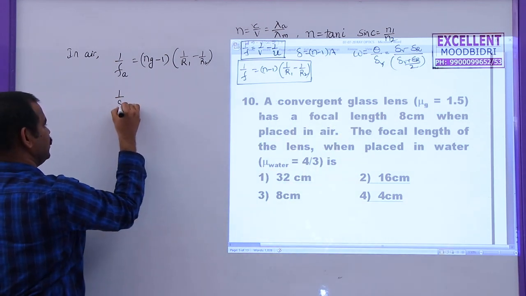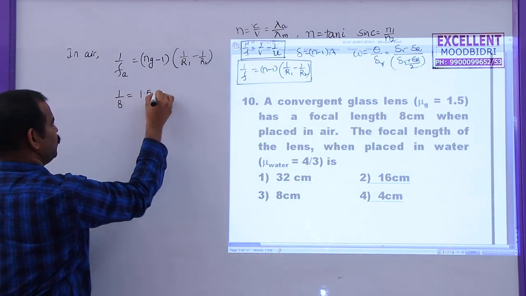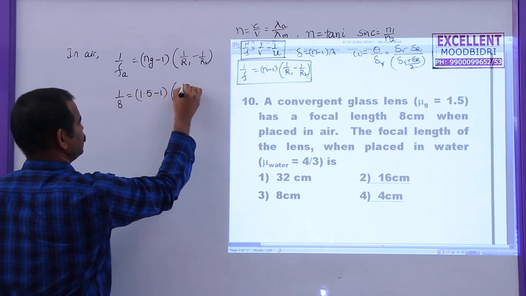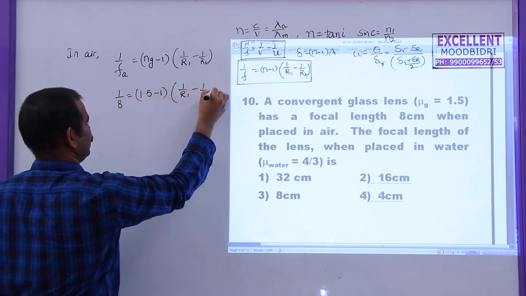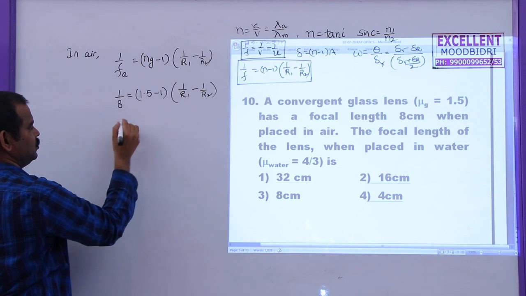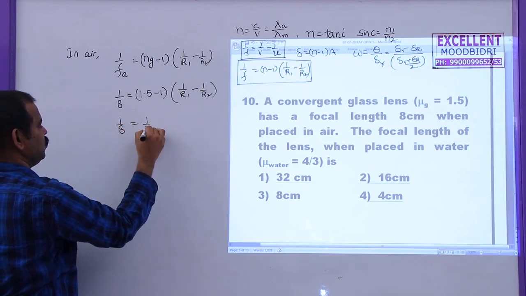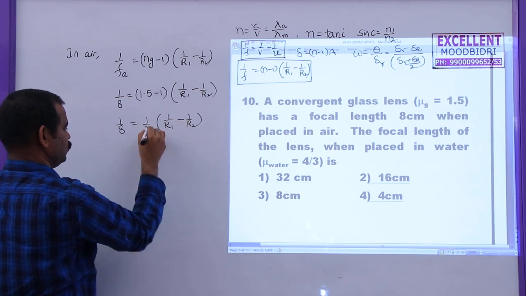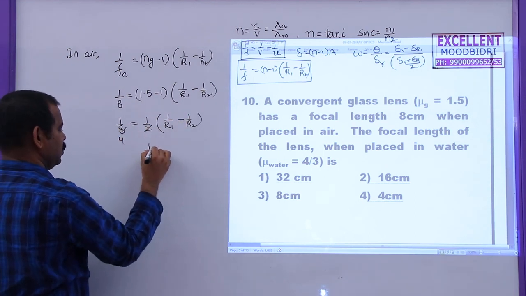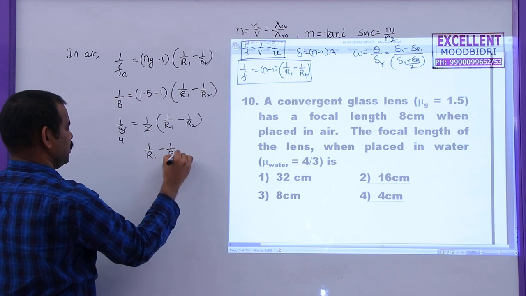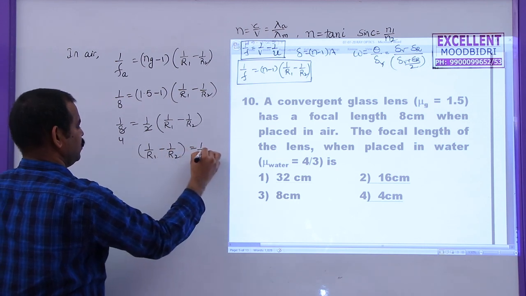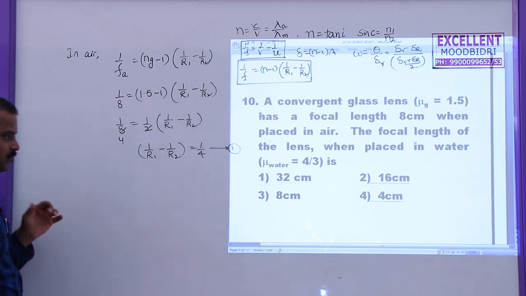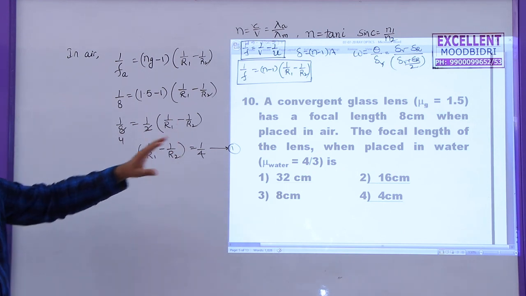So let me write this as 1 by 8 is equal to (1.5 minus 1) into (1 by r1 minus 1 by r2). This is 0.5, that is 1 by 2. 1 by 8 is equal to 1 by 2 into (1 by r1 minus 1 by r2). 2 ones, 2 fours. So 1 by r1 minus 1 by r2 is equal to 1 by 4. This is equation 1.